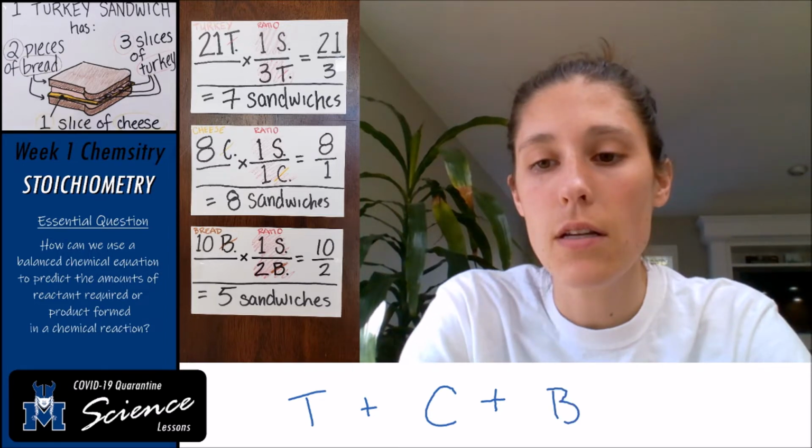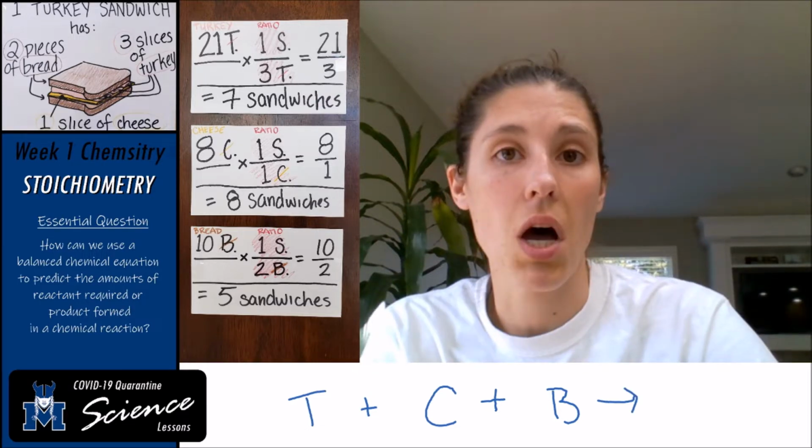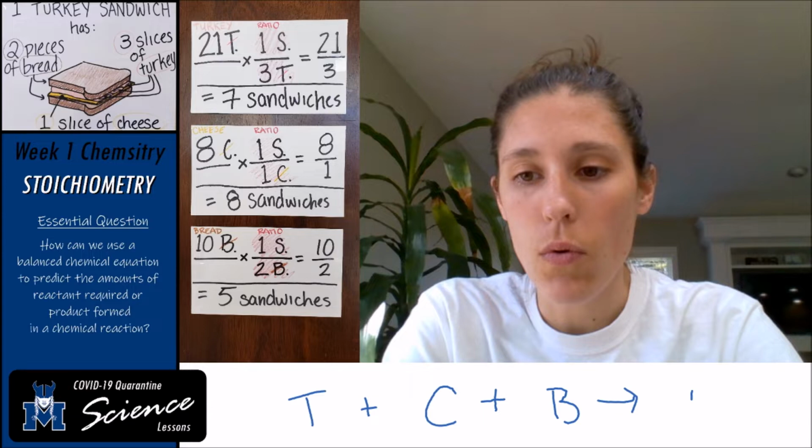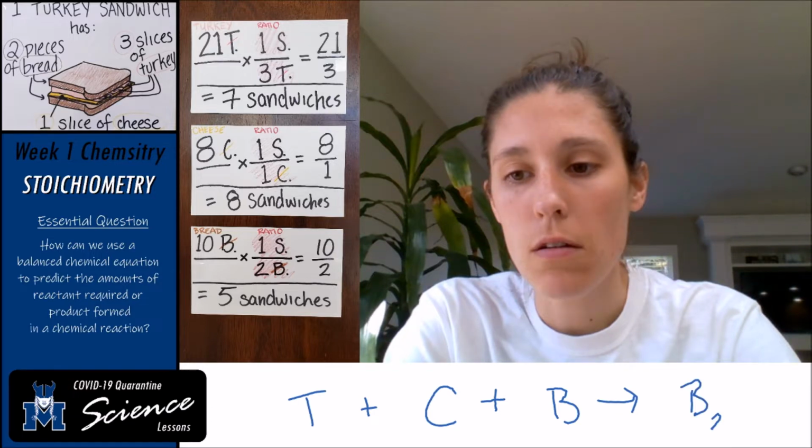And that's going to give us a sandwich, and we can write the sandwich down like a chemical equation. We have 2 breads, B2, 1 cheese, and then we have our 3 turkeys.